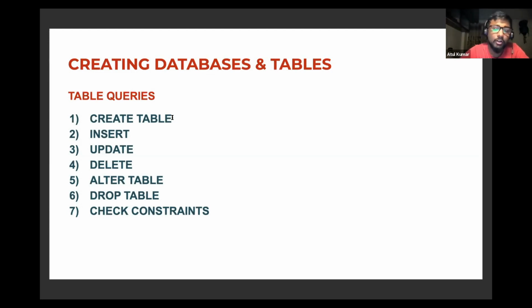Then you have to devise all the column names that you want in your table, and for every column name you have to pass the data type that you want entered into the column, and also the constraint if you want any. Insert comes with two things: insert and values. So insert into table Q1, and for the values you have to write them in the format in which the columns are there, remembering the data types.